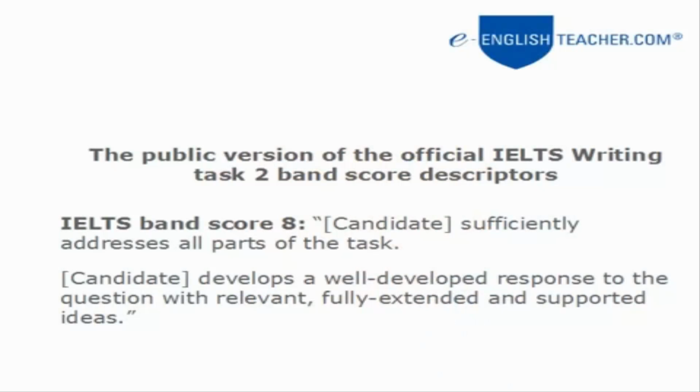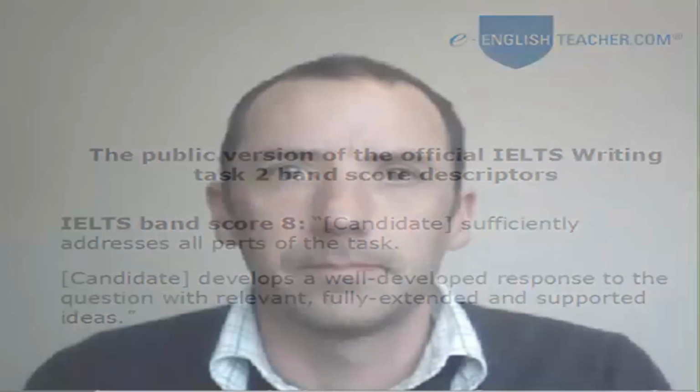Here's what it says in the public version of the official IELTS band score descriptors. As the descriptors show, you need to answer the question and you need to develop your ideas in order to get a band score 8.